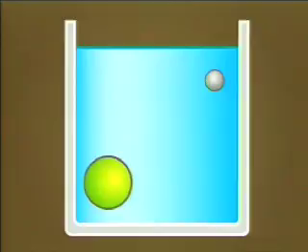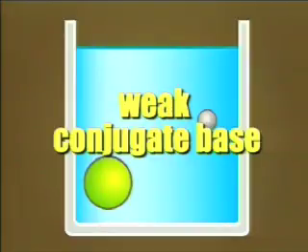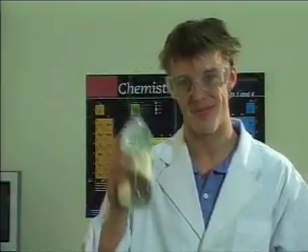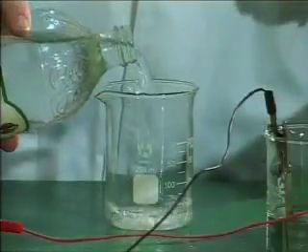So it follows that if hydrochloric acid is a strong acid, which readily gives up protons and ionizes completely in water to form chloride and hydronium ions, the conjugate base of HCl is not going to readily accept protons to convert back to hydrochloric acid. This makes a weak conjugate base. Weak acids, however, like our vinegar, have strong conjugate bases.